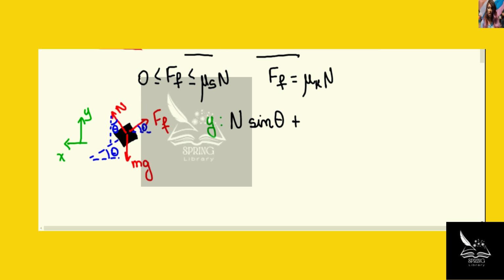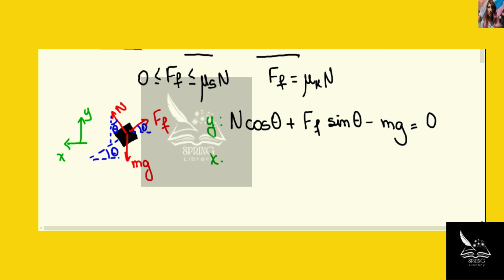Actually, I'm sorry. The y component of n is actually n times cosine of theta. I'm sorry for that. And the y component of the friction force is Ff times the sine of theta. Sorry for the confusion. And then we have minus mg, and this is equal to 0.